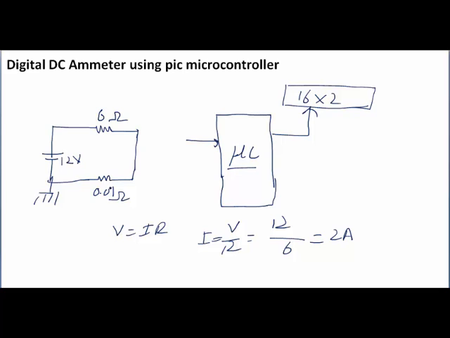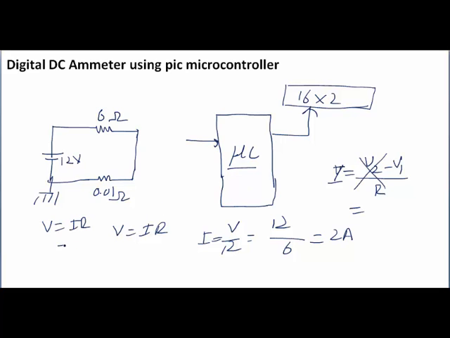Why am I not using the shunt resistor value? Because it is too small, it will not make any difference. So what will be the voltage drop across this resistor?